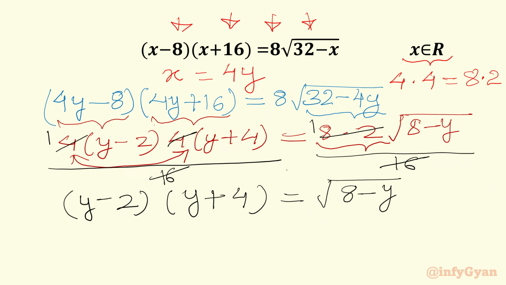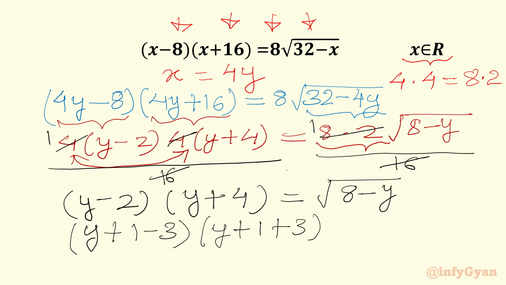Now we'll use algebraic manipulation. So I can write y minus 2 as y plus 1 minus 3, and y plus 4 as y plus 1 plus 3. Now we have y plus 1 over here, y plus 1 over here. So we'll try to write RHS in terms of y plus 1.